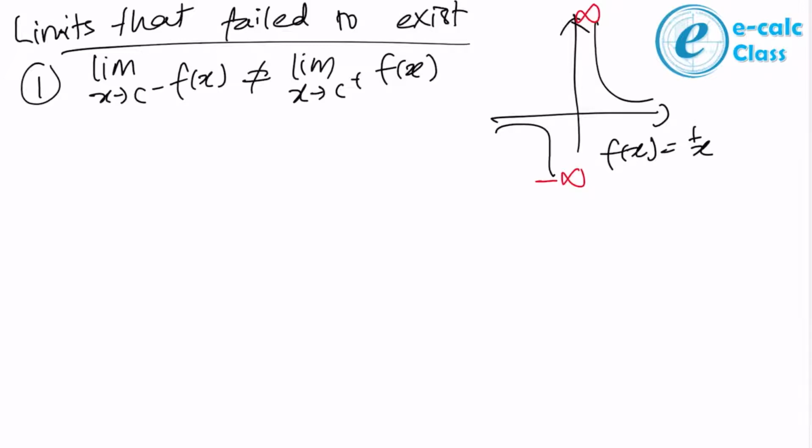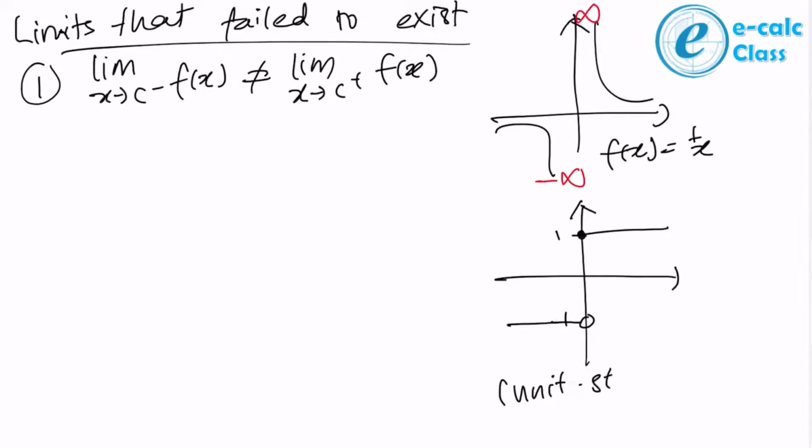Then it can also be because of a piecewise defined function. A very typical example is like this, maybe 1 and negative 1. This is what we call a unit step function. Because of the piecewise definition, the function is suddenly discontinuous at this point. It can also be like this.